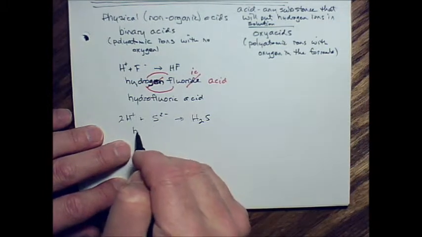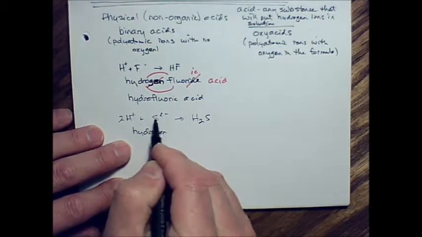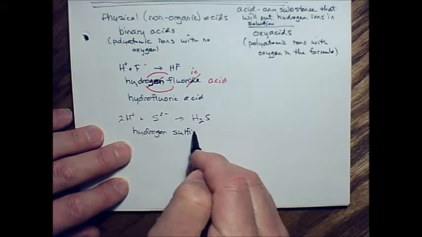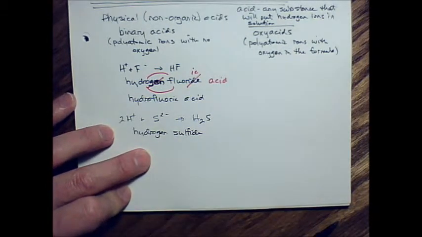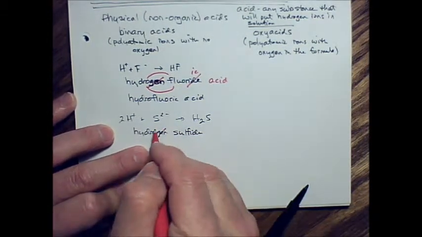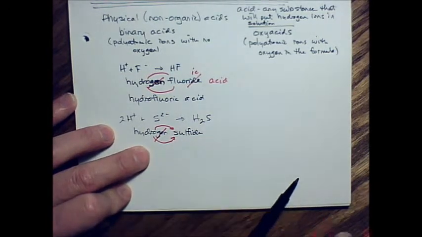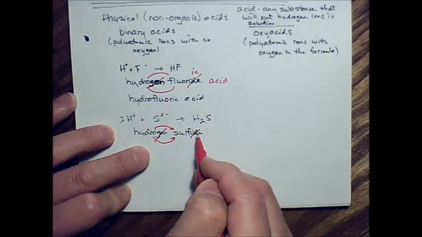Okay, hydrogen sulfide. What's the anion in that one? Sulfur. That's the negative part. So what are we going to drop off of this? Gen goes away. We're going to plug that hydro as a prefix on that sulfur over here. And we're going to change the ending to IC.